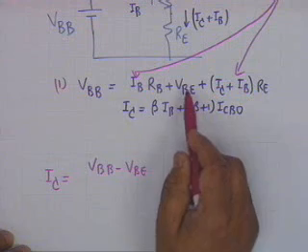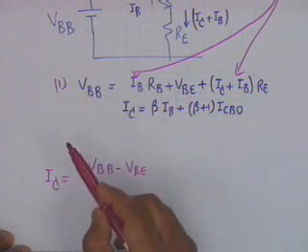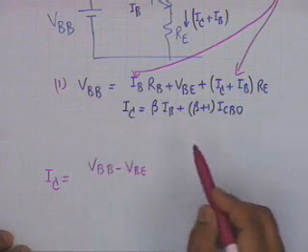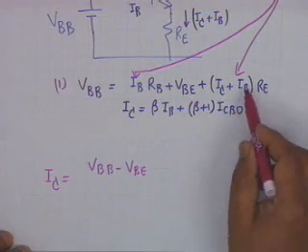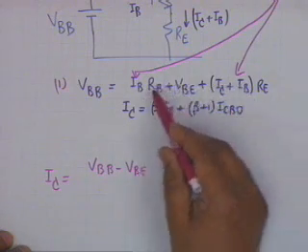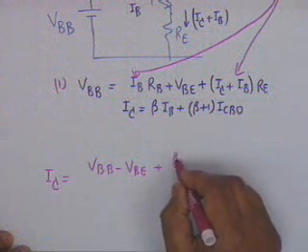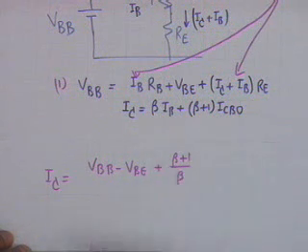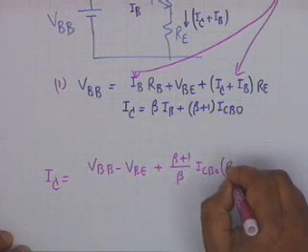VBB minus VBE, that means I take it to the left hand side, and then I shall have a term containing ICBO. ICBO comes from here and also from here. The term is beta plus 1 divided by beta, ICBO, then RB plus RE.